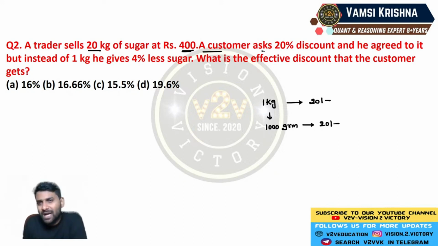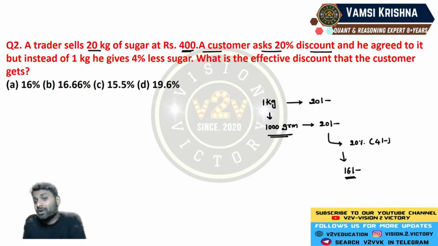Now a customer asked for 20% discount. 20% means he asked to reduce 4 rupees. Now the new price is exactly equal to 16 rupees. The price is 1000 grams for 20 rupees, but the customer wants those 1000 grams for 16 rupees.